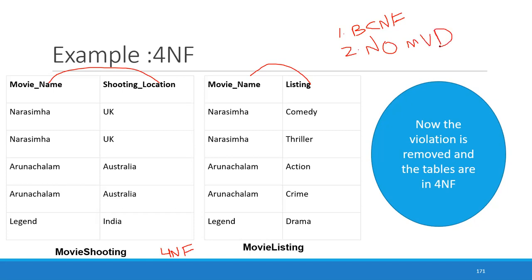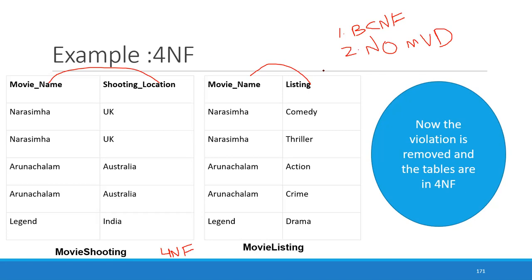So then we can say the table is in fourth normal form. If there is any multi-value dependency, students, we have to decompose the table into smaller tables, separating the second dependent column into another table.